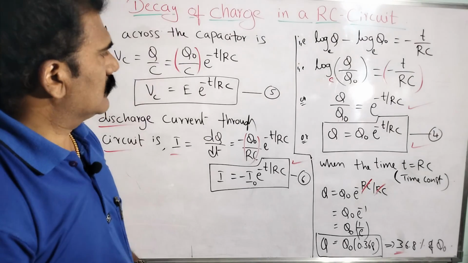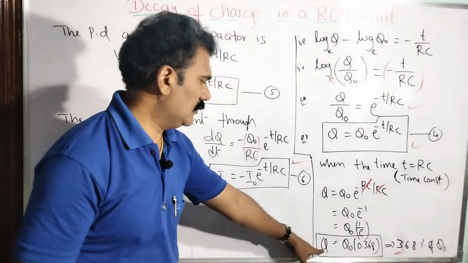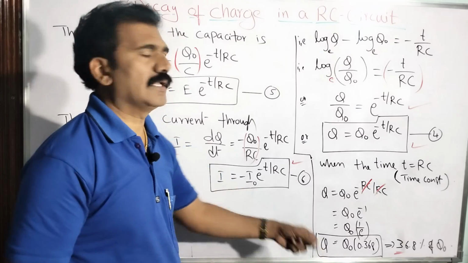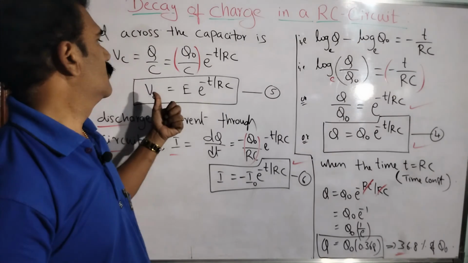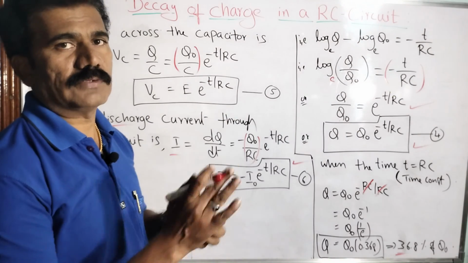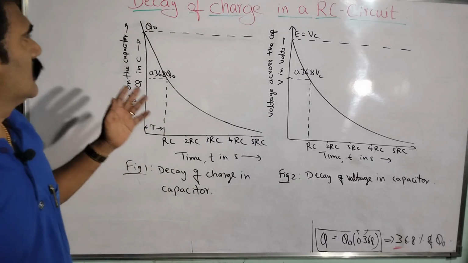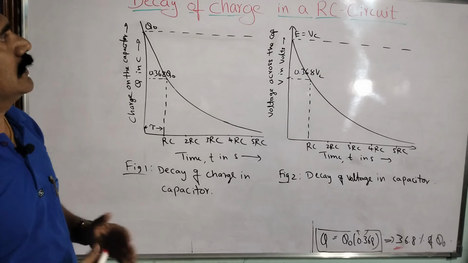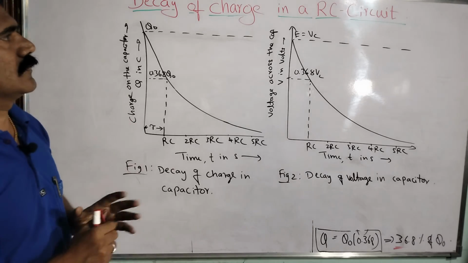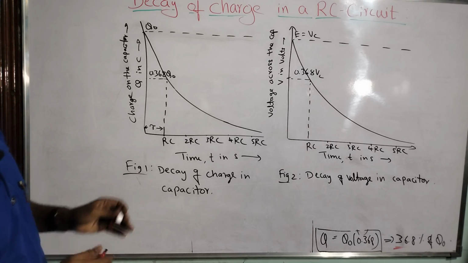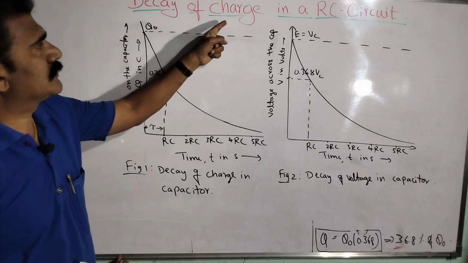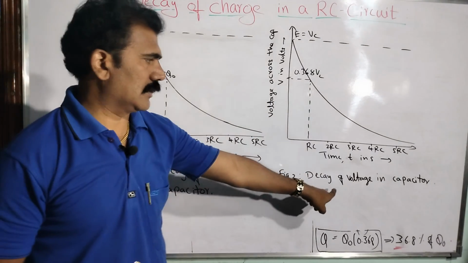Now let us see the graph of Q with respect to time t, as well as how the voltage varies with respect to time t. If you look at the graphs, you will understand how the decay takes place in the RC circuit. Decay means you can consider the decay of charge and the decay of voltage also.